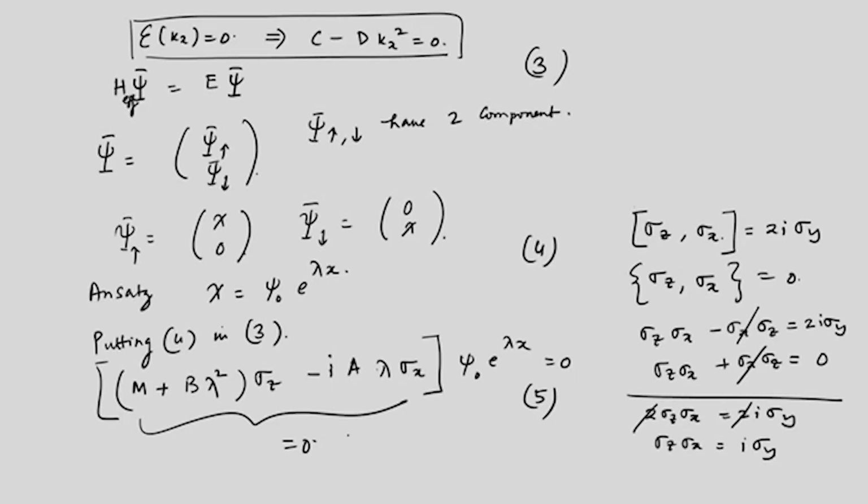So, this will be independent of that Pauli matrix, and the first term will have a sigma y. So, multiplying by sigma y, one gets (m plus b lambda squared) sigma y psi 0 minus a lambda psi 0 equal to 0.